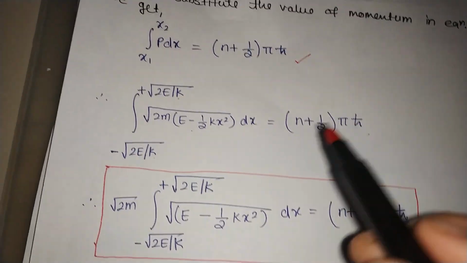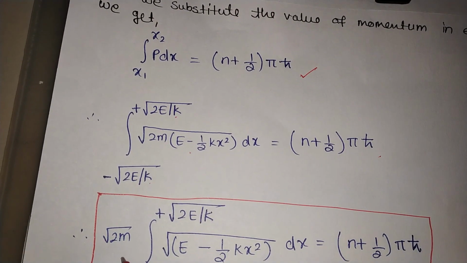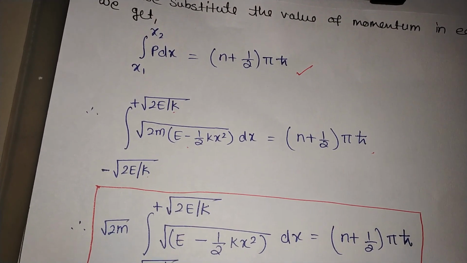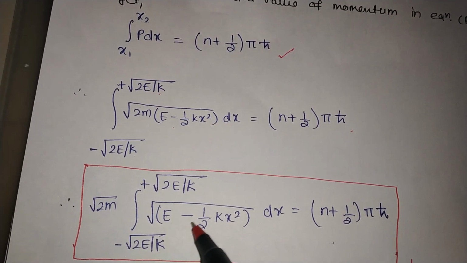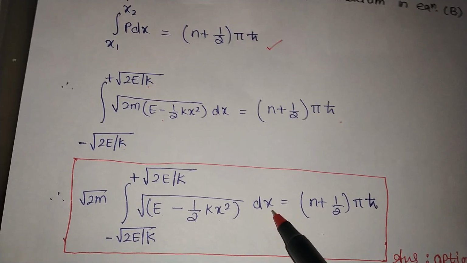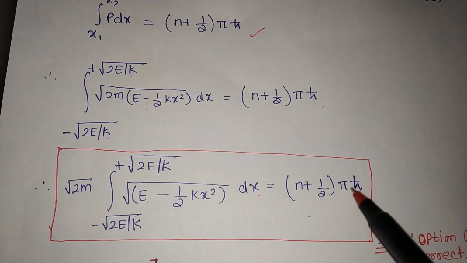As you can see, the root of 2m is constant, so we can take it outside, and the limits are written as it is. Inside we get the integral of root of E minus half kx square dx, which equals (n plus half) pi.